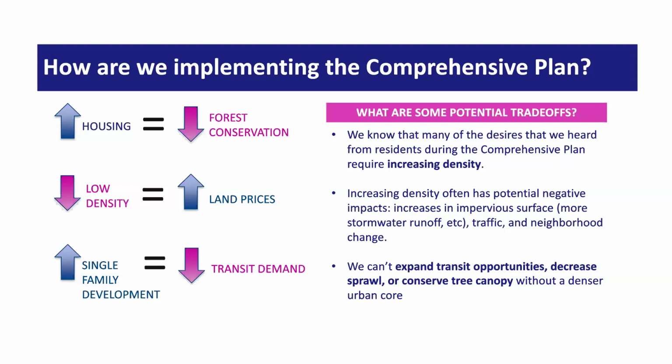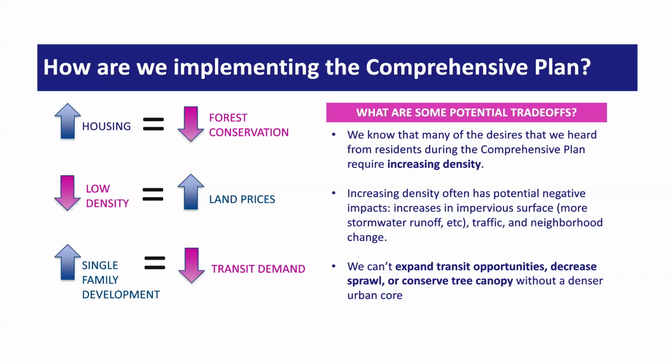And so the last example that I threw up there is that single family development usually lessens transit demand. Transit demand is fueled by ridership, and so it requires density to support regular service. Buses won't run as often if there are less people to ride them. So therefore, we know that many of the desires that we heard from residents during the comp plan require that increase in density, right?